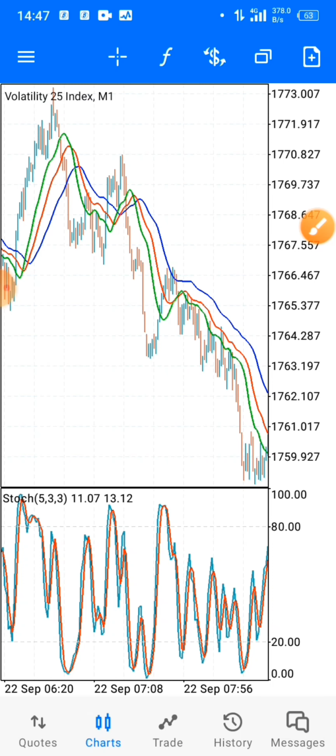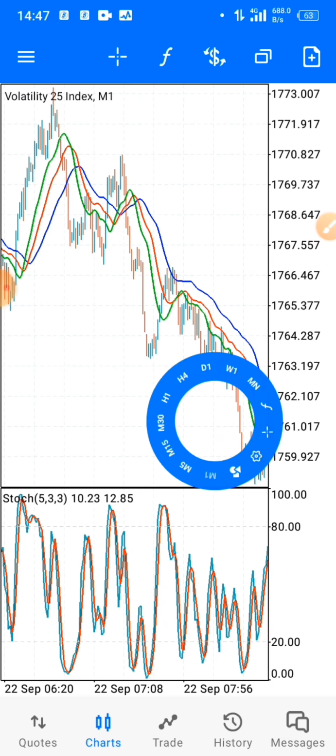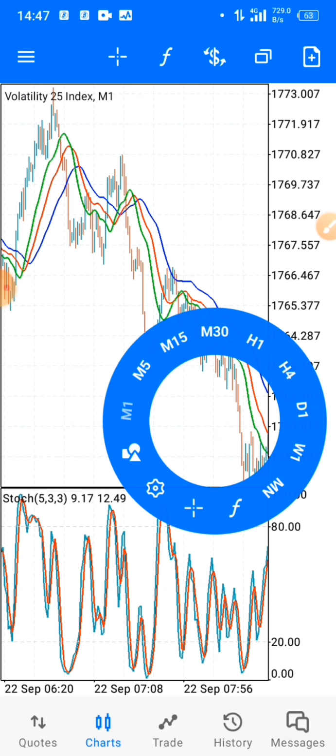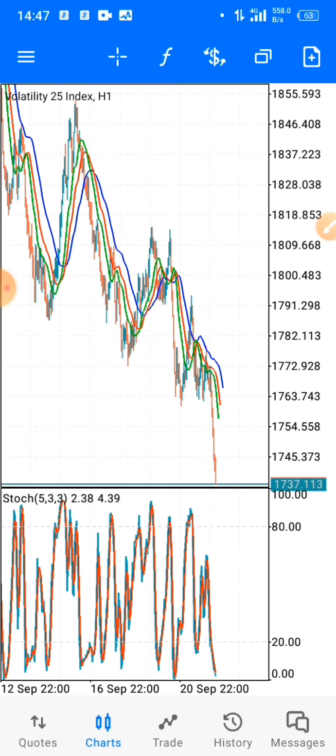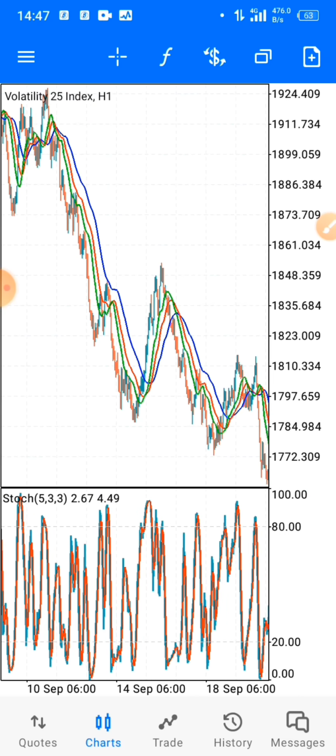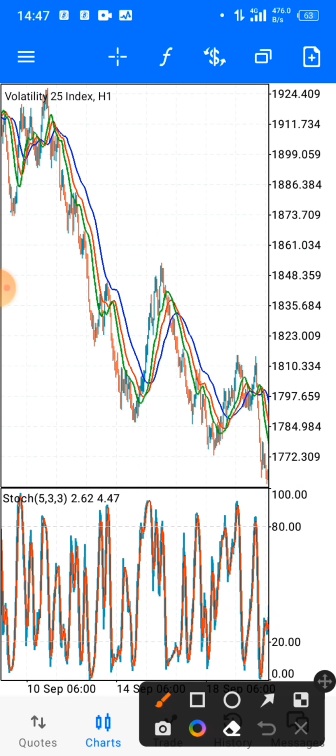Before you go to the 1 minute time frame, you first have to check what the direction of the market is. You can do this on the H1 or the M15. Let's go to the H1. Here the H1 is showing it's in a strong downtrend because it's breaking all these lows.